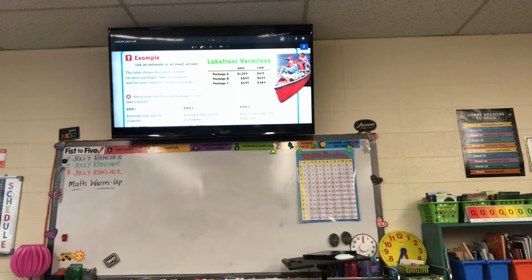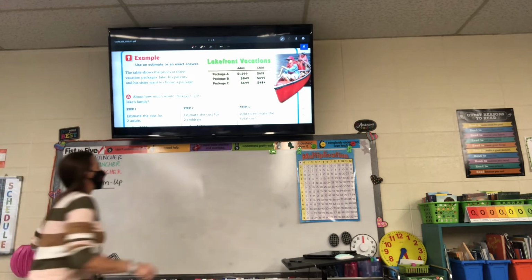When you hear about how much or about how many, they're wanting an estimate. They're not wanting an exact amount. So the directions say use an estimate or an exact answer. They're going to tell us when to use that estimate or that exact answer.